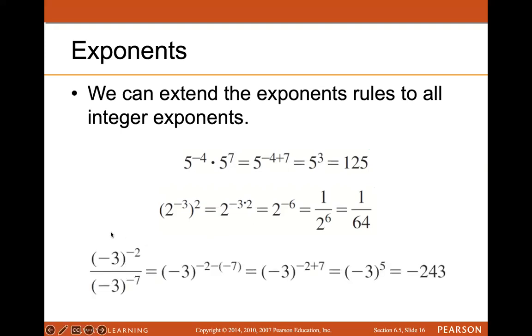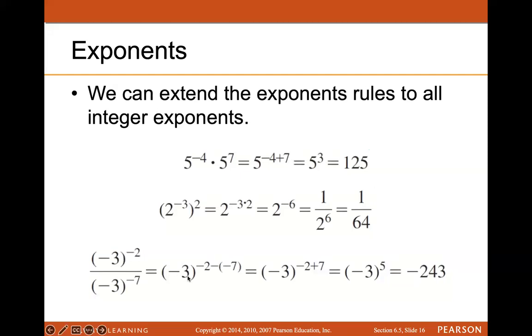And finally, negative 3 to the power negative 2 divided by negative 3 to the power negative 7. This would be an example of the quotient rule. So we're going to subtract these exponents. Be very, very careful subtracting negative 7 from negative 2.